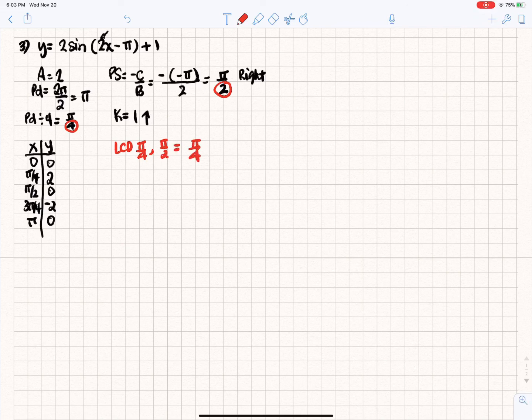So we're going to count by pi over 4. 1 pi over 4, 2 pi over 4, 3 pi over 4, 4 pi over 4. Where do we stop? We stop at the period, which is pi, okay? Don't forget to label everything. A is 2. Not negative.